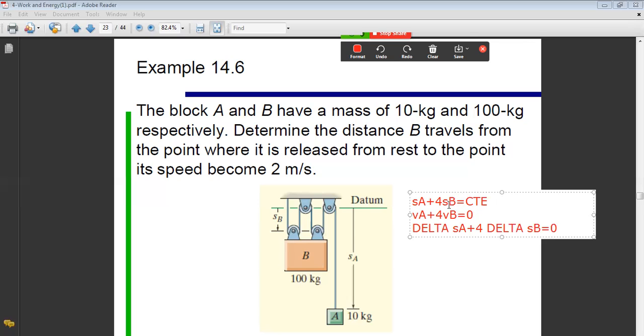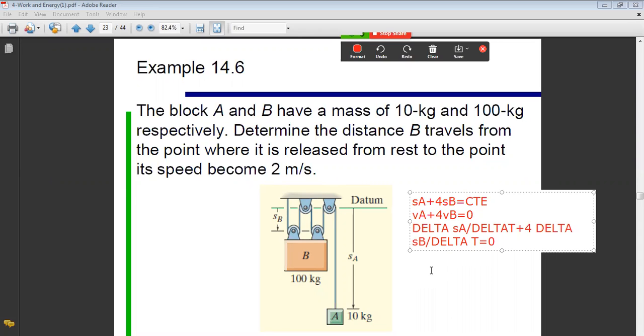Okay, so if the relation is valid between the instantaneous velocities, then it will be valid also for the average velocities. And by definition, what is the average? It's delta SA over delta T. So here, if you put delta SA over delta T plus 4 delta SB over delta T equals 0, since it's the same delta T, you can simplify delta T from both, and you get that delta SA plus 4 delta SB equal to 0.